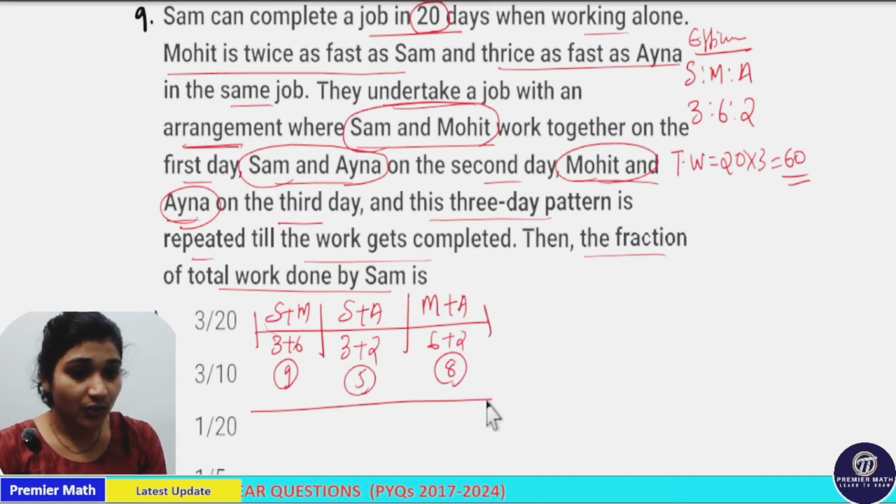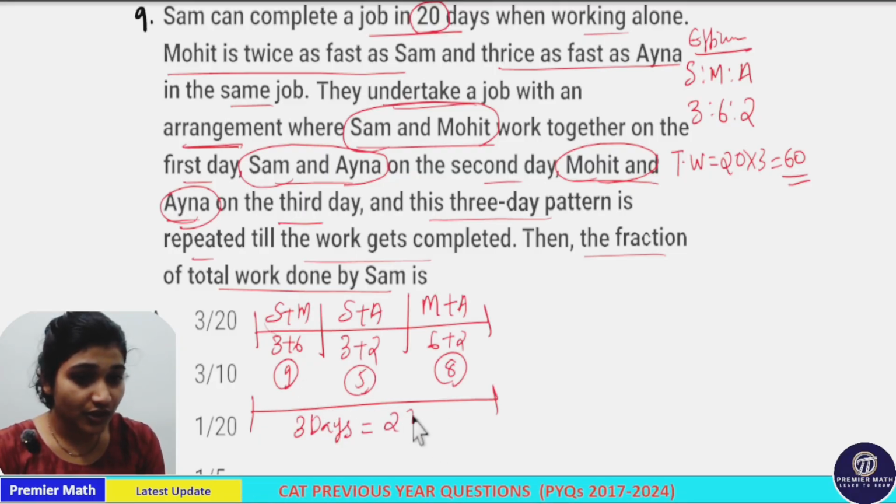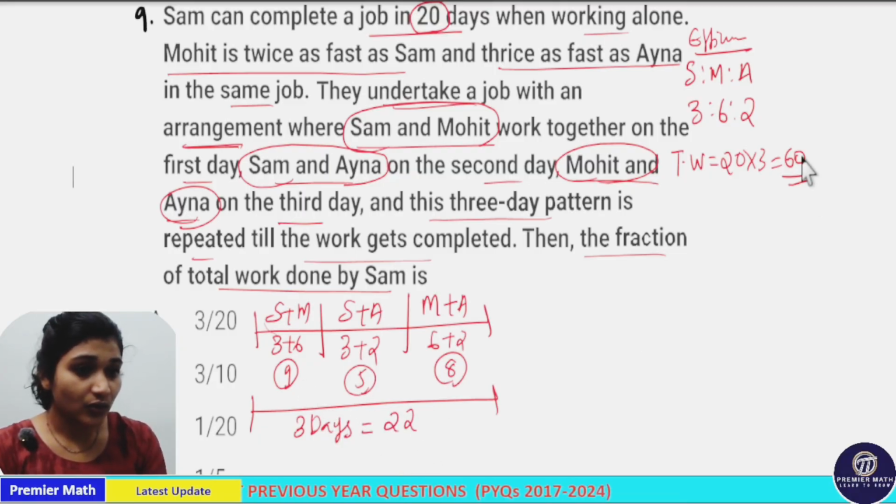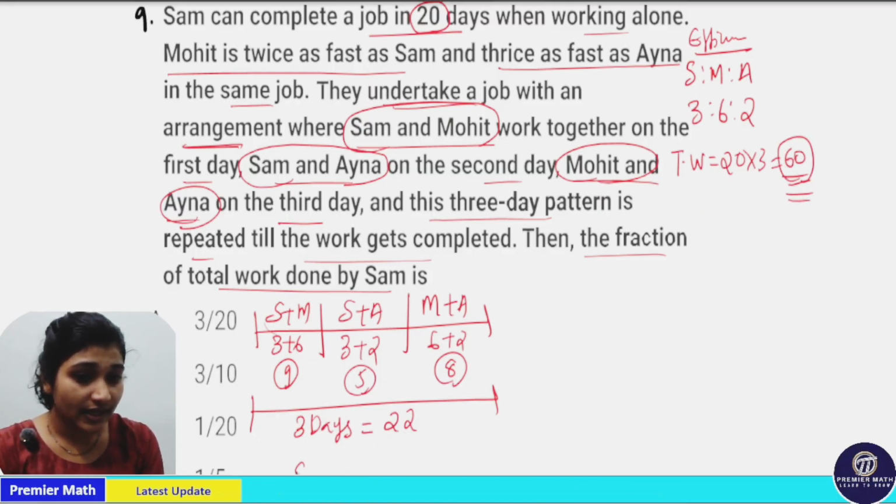So in 3 days, a total of 9 plus 5 plus 8, which is equal to 22 units, is completed. Now the total work is 60 units. So 22 units in 3 days means in 9 days, 66 units will be completed.